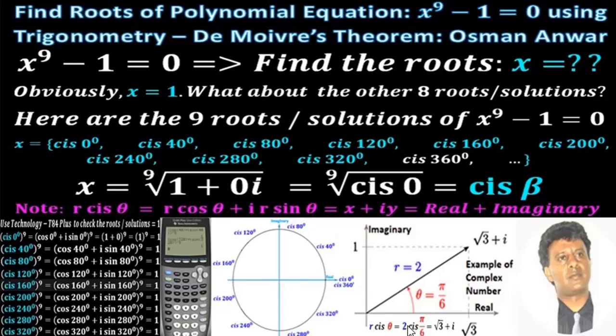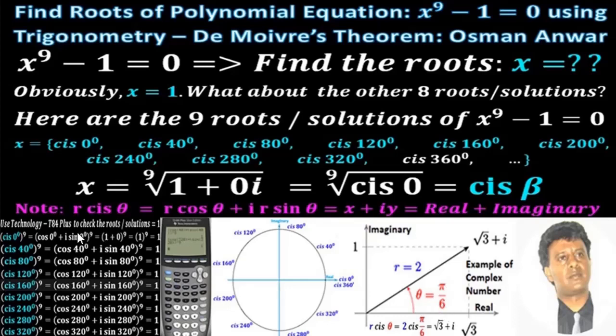So that is 2 cosine 30 degrees, which is 2 times square root of 3 over 2, which is square root of 3. Then i 2 sine 30 degrees, which is 2 times half, which is 1 times i, that is i. Then this is a complex number, square root of 3 plus i, which is a vector with magnitude r equals 2, and the direction is theta equals pi over 6, which is 30 degrees.